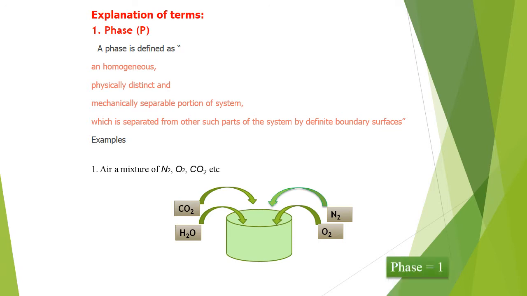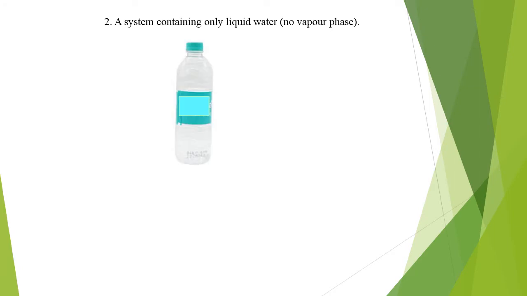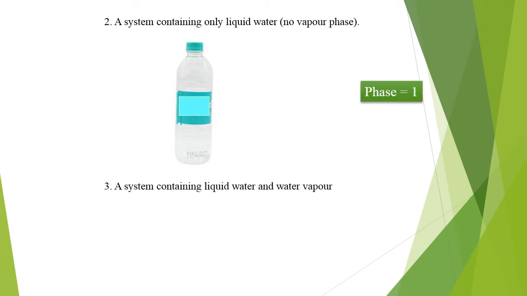No. So it constitutes a single phase. A system containing only liquid water, with no vapor phase: how many phases does it constitute? Yes, it is one phase.